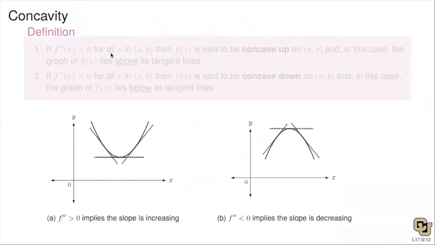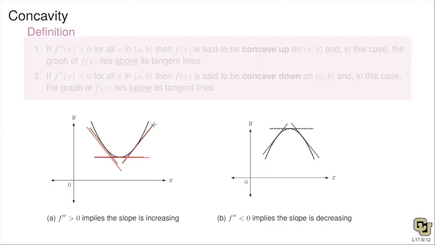So let me talk about concavity. Concavity has to do with kind of the direction in which a curve might curve. So if you look at this first picture here, we have the definition of what's called concave up. And you can see the curve is pointing upwards. So what happens in concave up is, here you can see the slope is negative, then the slope's 0, then the slope's positive.